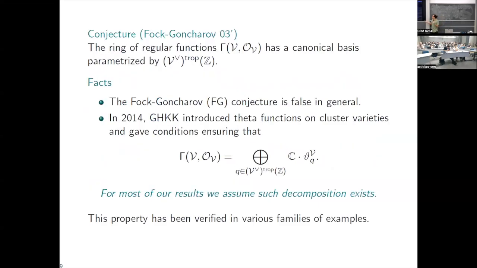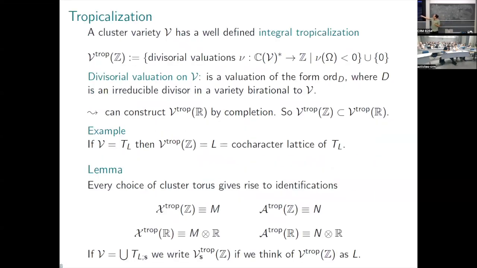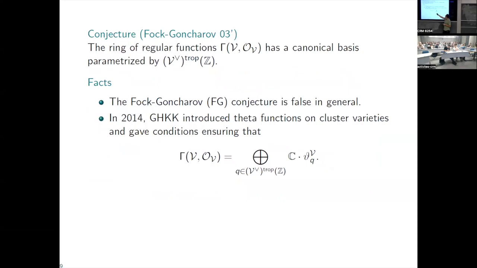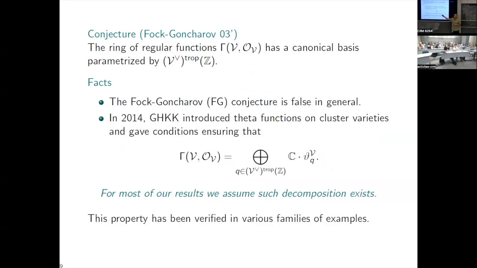And by this example, if I change B check, I will put L star here, and then I will obtain what I have written here. So in the trivial example, the canonical basis of functions is just the basis of characters. If you want, this conjecture is just a generalization of the property that tori have a canonical basis of global functions given by the characters.